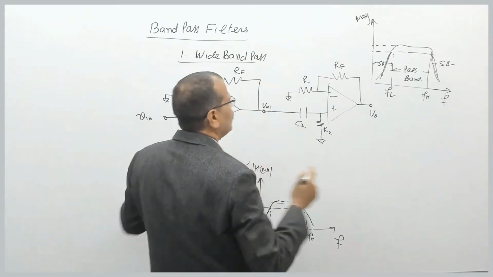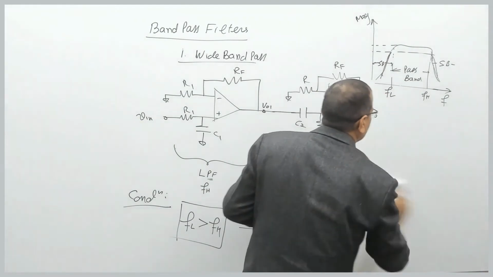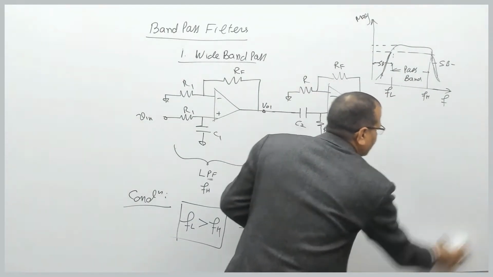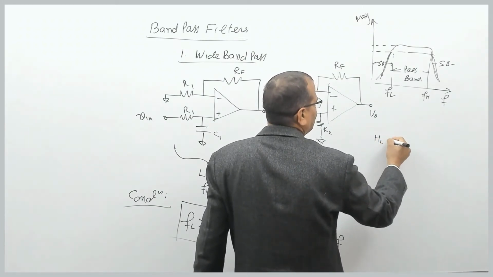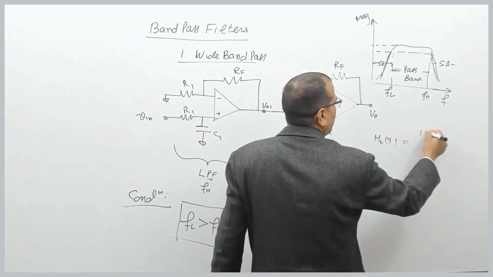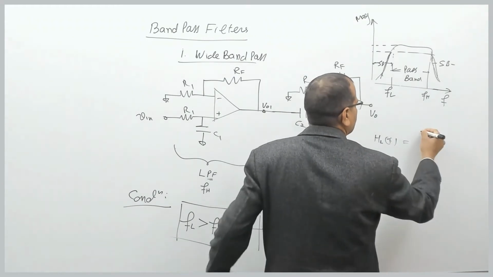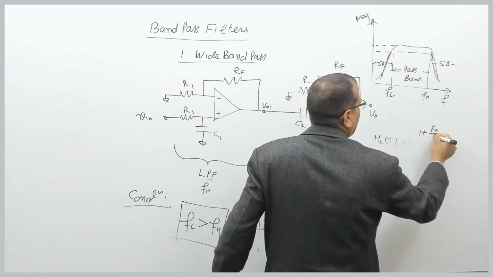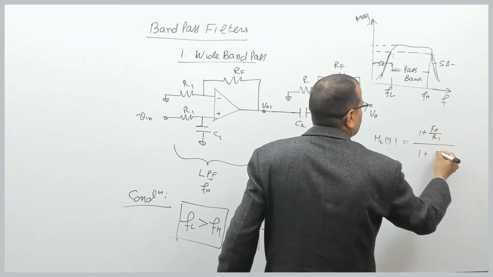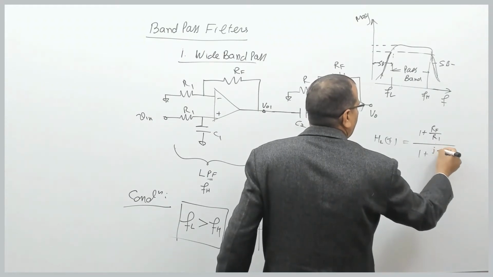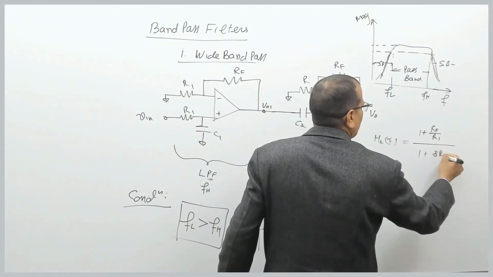What is the expression of the output or gain of the first stage? The gain of the first stage, that is the low pass stage, is given by 1 plus RF by R1 divided by 1 plus j f by fH, or I can say 1 plus S R1 C1.